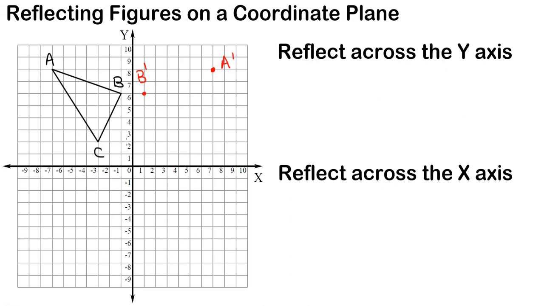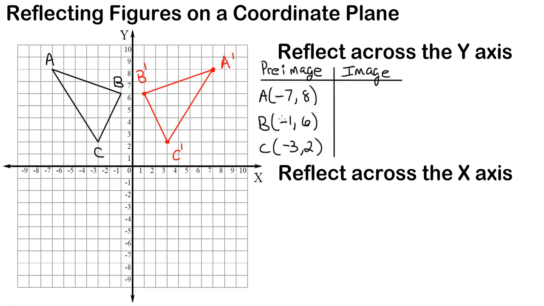And C is 3 steps to the left of y, so C prime will end up 3 steps to the right of y. And we just connect the dots. And now we have reflected triangle ABC across the y-axis.